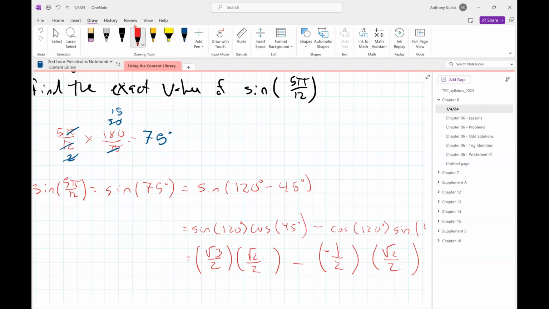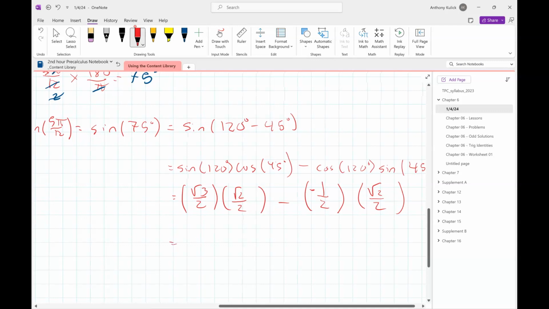Some minus 1/2. Does everybody feel okay? Now, just like before, I do my multiplication. I notice that I have minus and negative. What does that really mean?